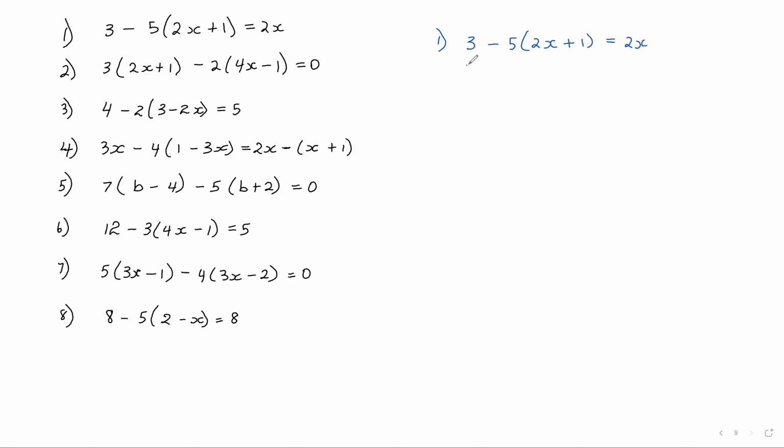So this will be 3 take away 10x minus 5, which is equal to 2x. So then 3 take away 5 is negative 2. And then this would be 2x plus 10x. So that would be negative 2 is equal to 12x. And therefore x will be negative 2 divided by 12, which would be the same as negative 1 over 6.